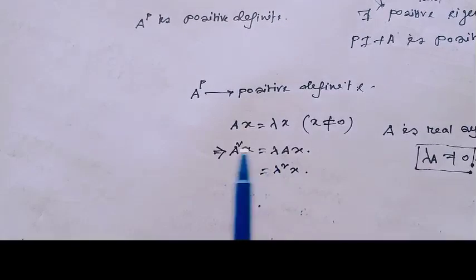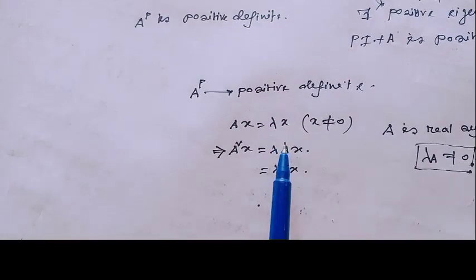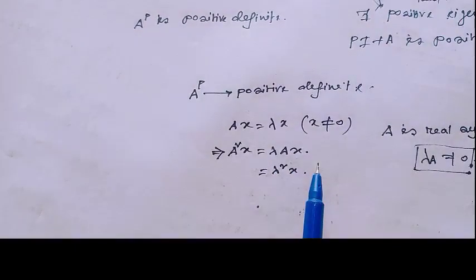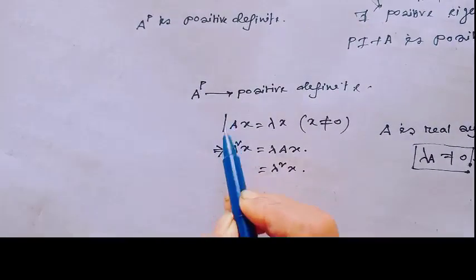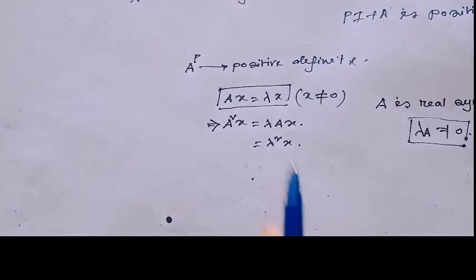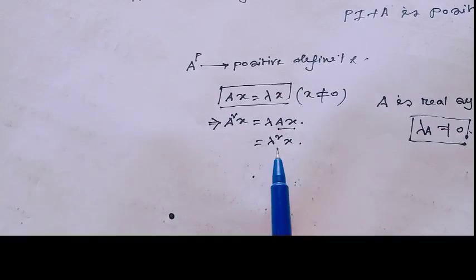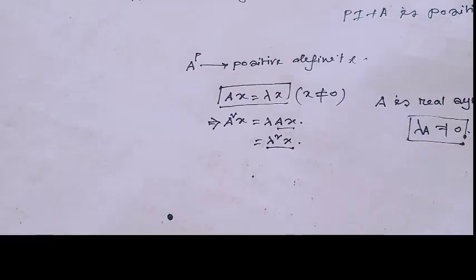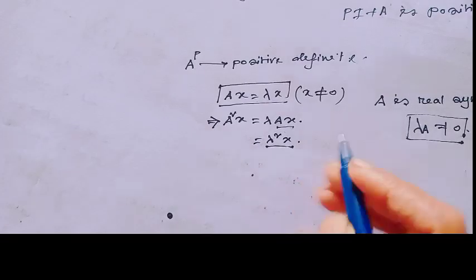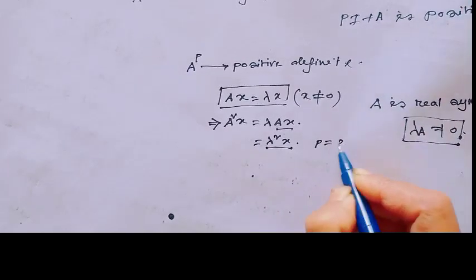Now multiply both sides by A. Then I will get A square x equal to lambda times Ax, and given Ax equal to lambda times x, now putting the value of Ax, this would be lambda square x. Here A square x equal to lambda square x, that means here P equal to 2.